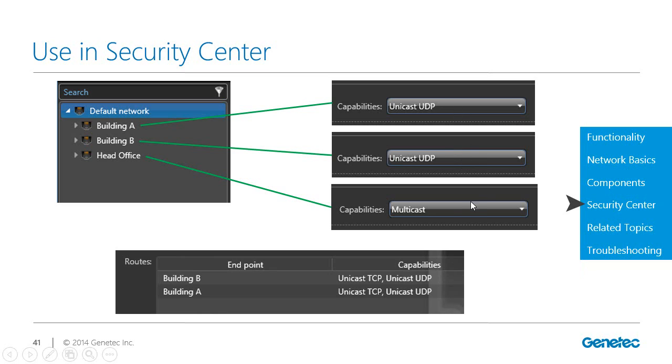Between the buildings, the network supports unicast UDP only, so our routes from the head office would have a maximum of unicast UDP. But of course it would support unicast TCP as well, as we've mentioned. So what we're looking at here is really the endpoints when having the head office selected.